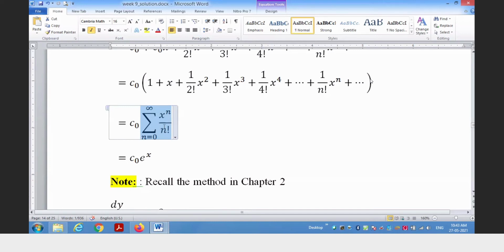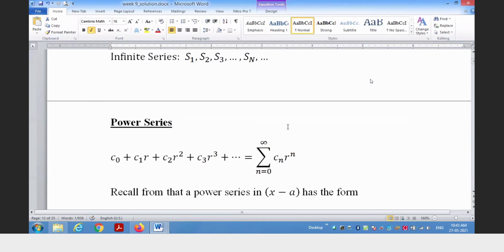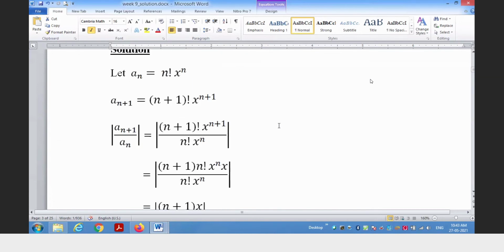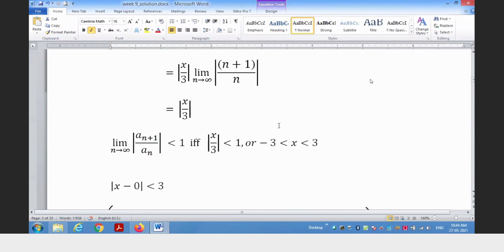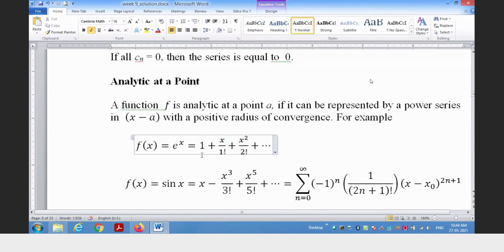Okay, so how can we represent e to the x in terms of Taylor's expansion? We have done this before, in the very beginning. I think I have given you this. Here it is equal to the summation, n from 0 up to infinity, x to the n over n factorial.